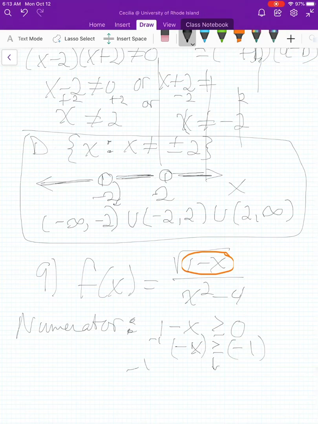If we multiply by negative 1 on both sides, we have to flip that inequality. So instead of being greater than, it's less than. Negative times negative x is less than positive 1.